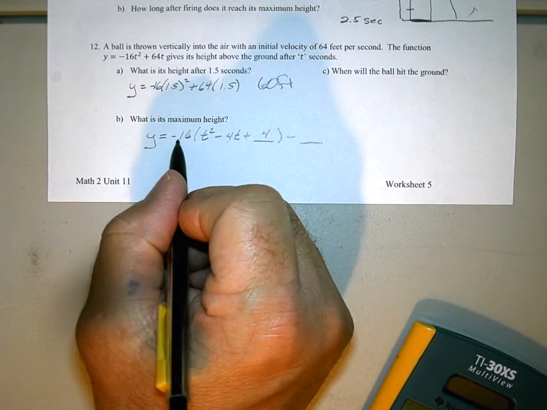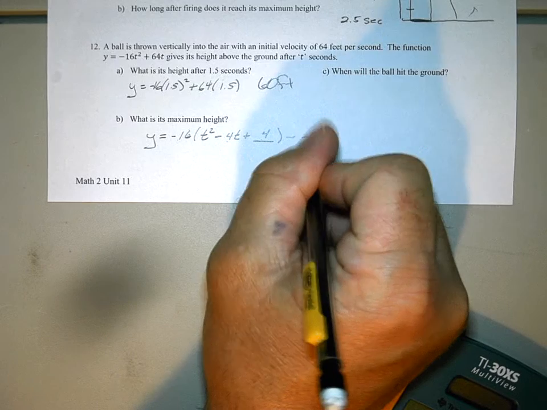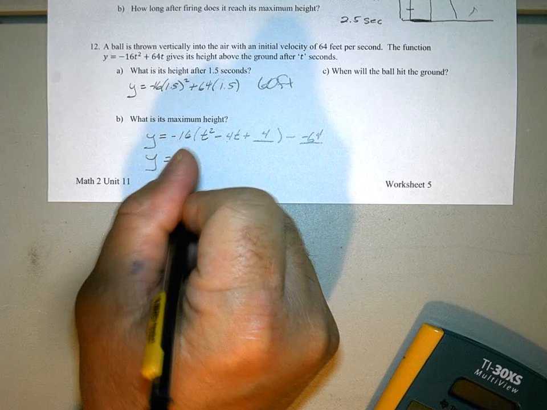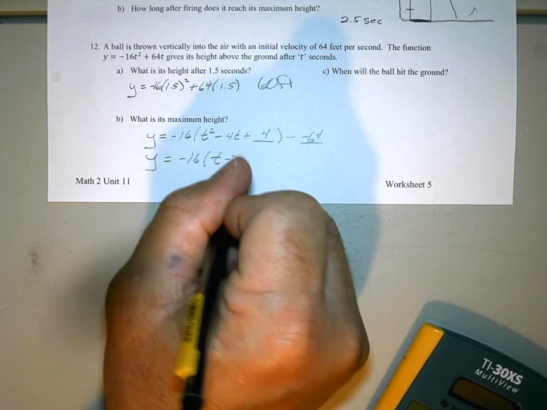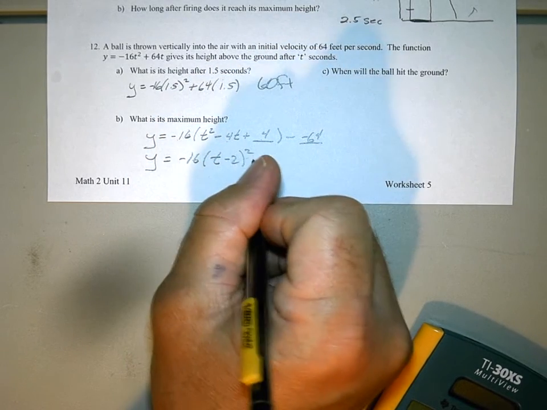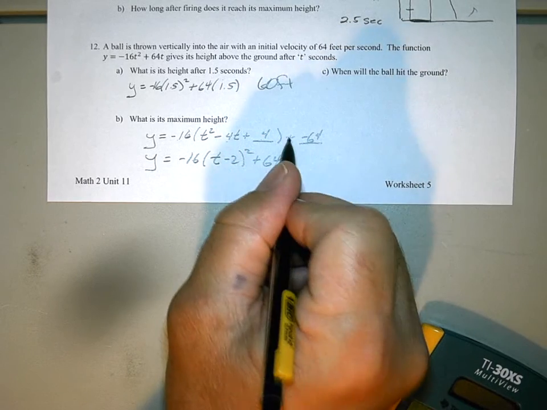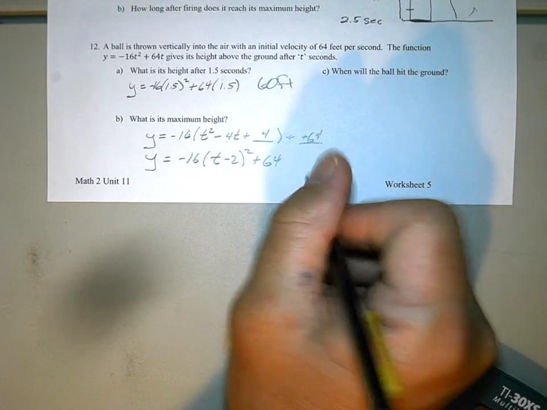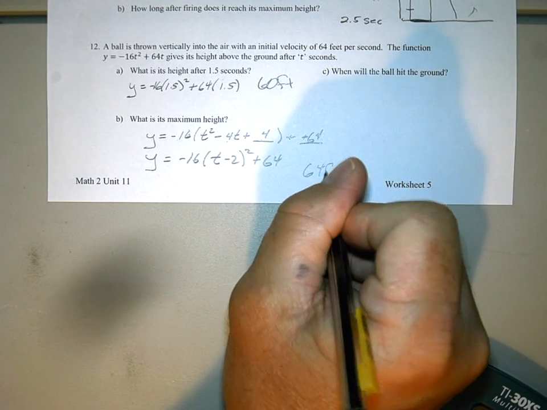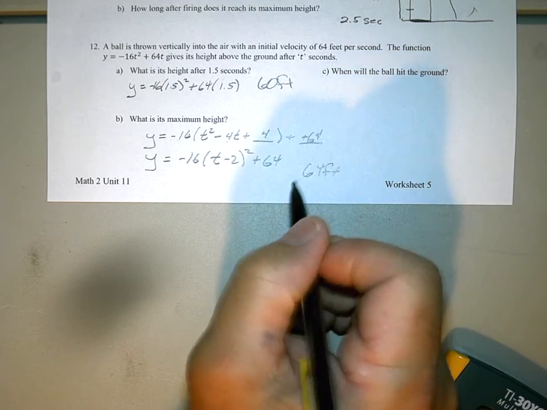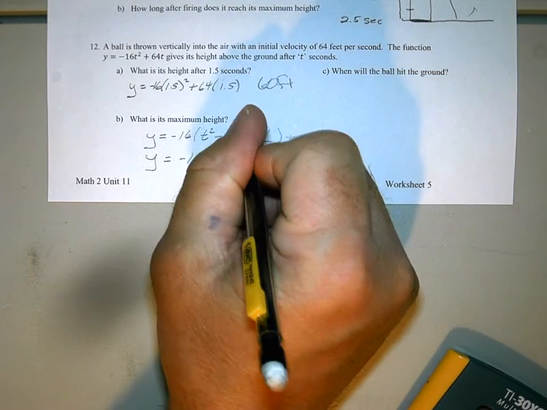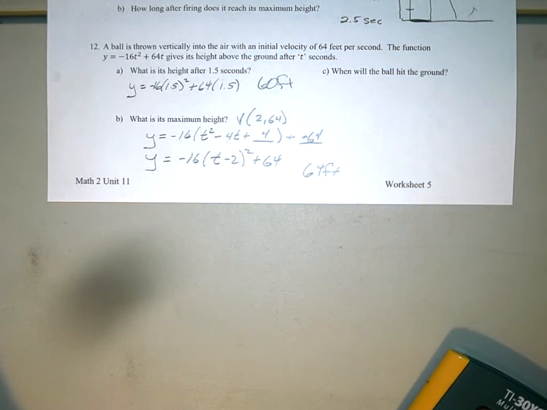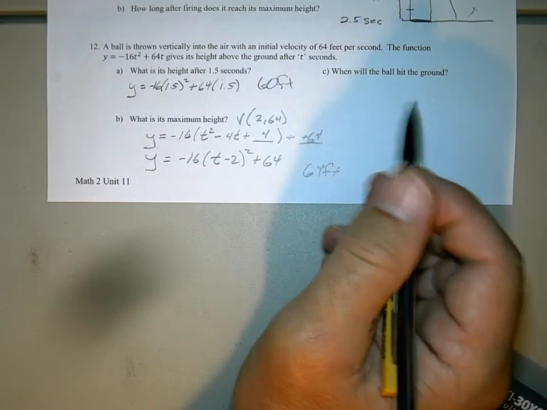And then negative 16 times 4 gives us negative 64. So when we finish up in vertex form, we get y equals negative 16 times t minus 2 squared plus 64, because we add the opposite. What is the maximum height? 64 feet, because the vertex is 2, 64.